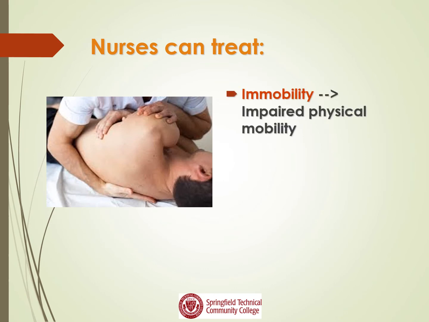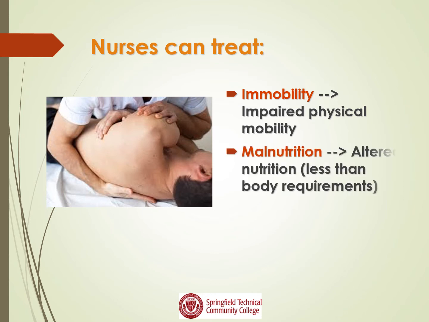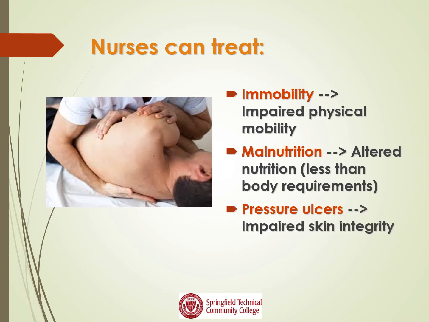Nurses can treat immobility. That's a nursing diagnosis, impaired physical mobility. Nurses can treat malnutrition. Patients can have a nursing diagnosis of altered nutrition, less than body requirements. And nurses can treat pressure ulcers. They have a nursing diagnosis of impaired skin integrity.